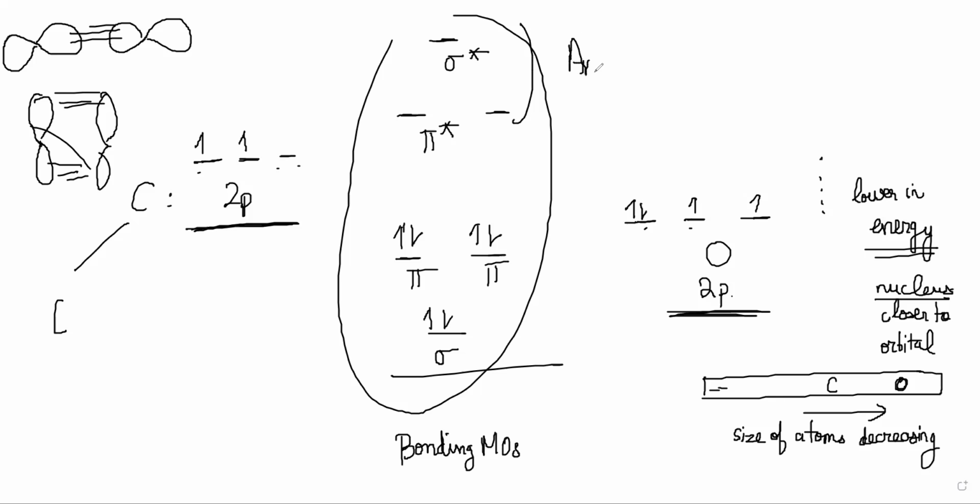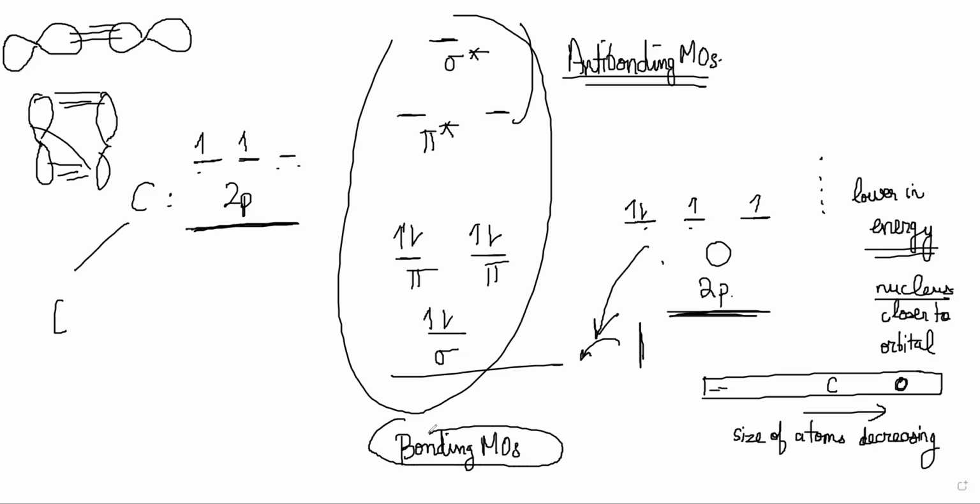Once bonding and anti-bonding MOs are decided, you can notice that the bonding MOs are closer to oxygen. Oxygen contributes more to the bonding, and carbon contributes less to the bonding because it is higher energy. And carbon is closer to the anti-bonding. Carbon atomic orbitals are closer to the anti-bonding, right?